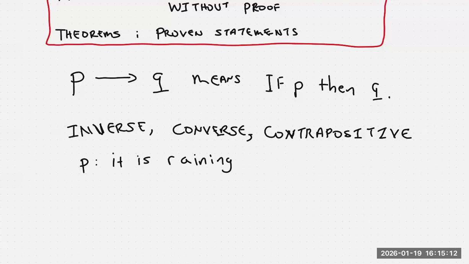Then the negation of P, which is symbolized with this little squiggly thing in front of the P, if you look on the keyboard, you will see a squiggly line. That means negate. So negation of P is saying not P, right? And you're saying that P is not occurring. If it is raining, the negation is, it is not raining.